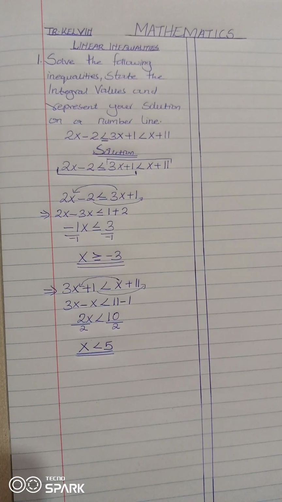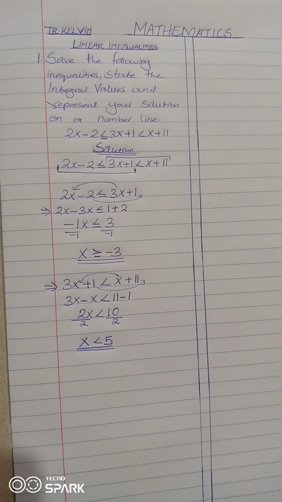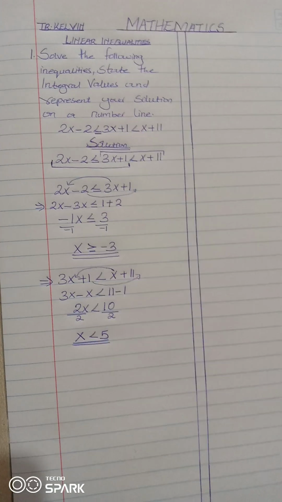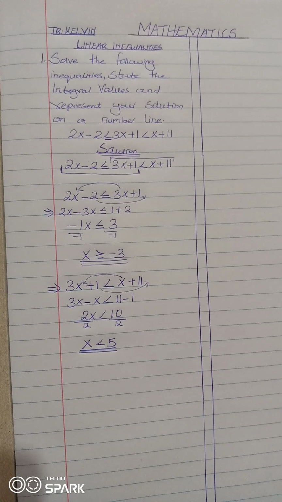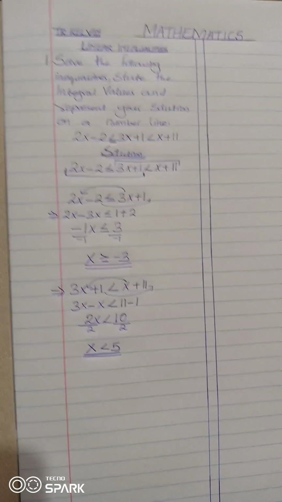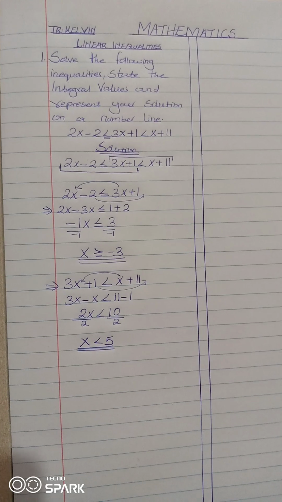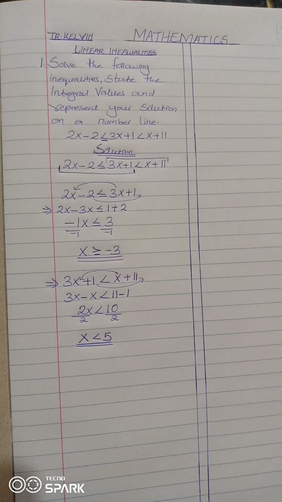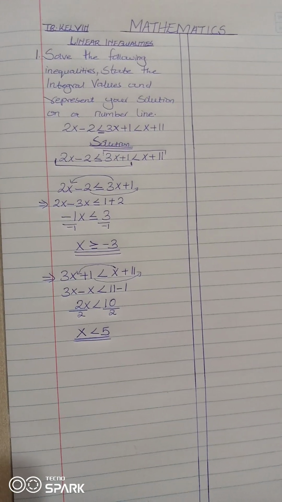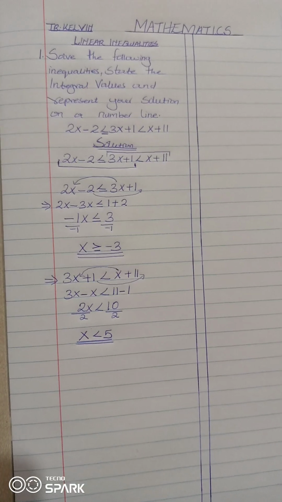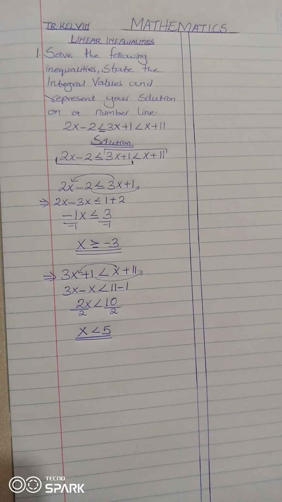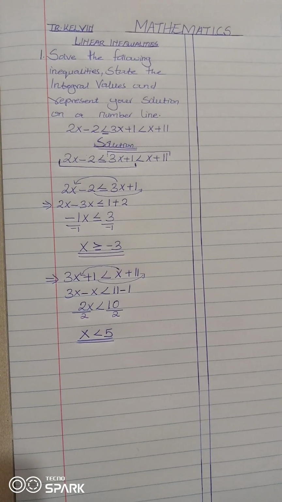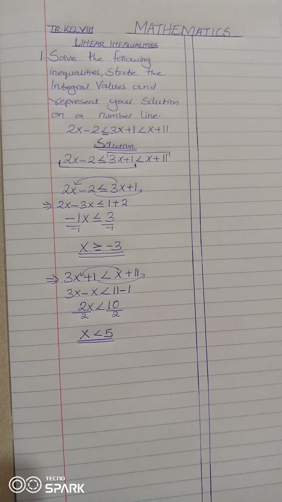My dear student, the next step is to form a compound statement. How do we form a compound statement? You will start with the value that x is greater than.